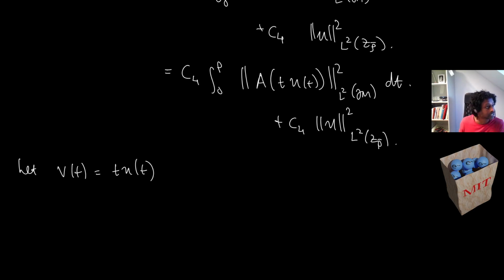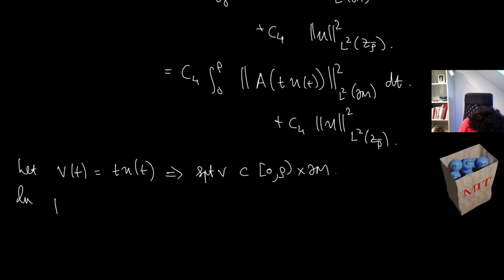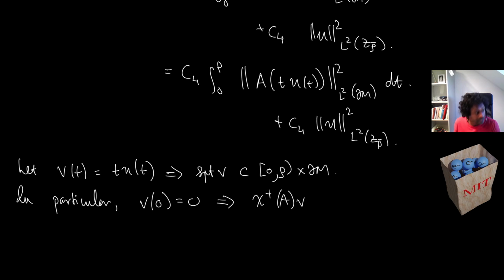Then the support of v is contained in 0 to rho across the boundary. In particular, v of 0 equals 0, so that means that chi plus of A of v of 0 equals 0.